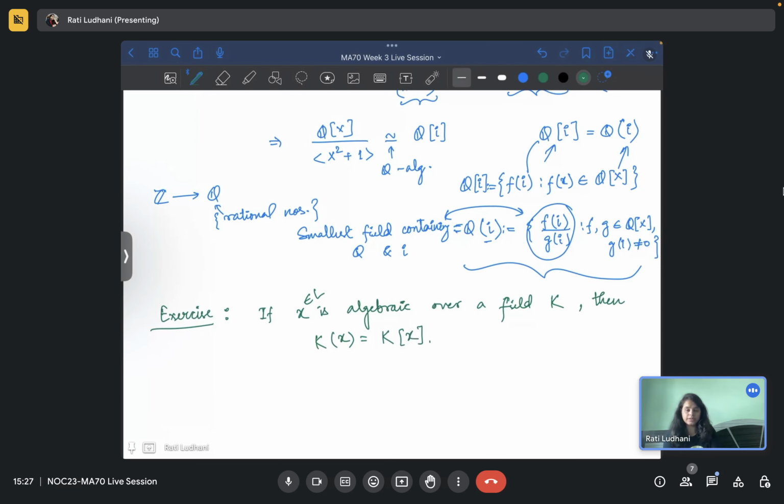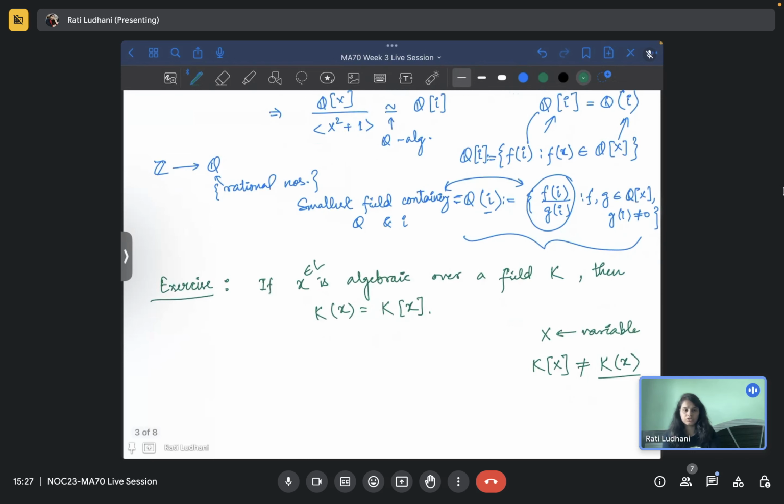This is not true for a transcendental number. You know that the variable capital X is transcendental, and k[X] is not the same as k(X), because you have inverses. You can prove that these are not equal.